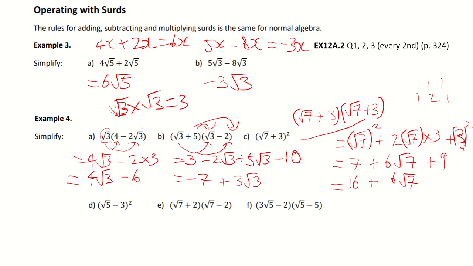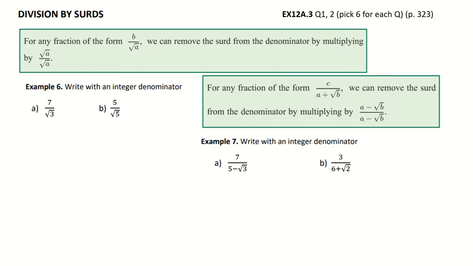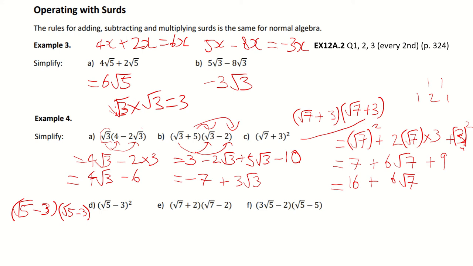To save time, I might not do them all. This is just a repeat, but with a negative. And in all honesty, if you want, you can just do it as double brackets. I would probably say there's less chance of making a mistake if you just do it as double brackets like this. I'm not going to get you to do this unless it's just squaring.